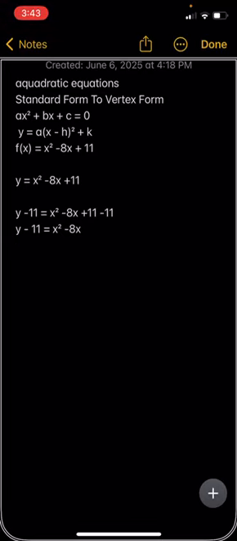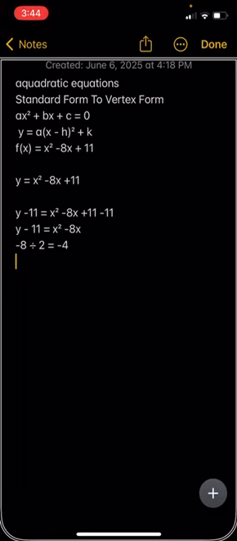From here, what we have to do is take half of the coefficient on the linear term and square it. The coefficient on the linear term in this case is negative 8. Half of that means we divide negative 8 by 2. Negative 8 divided by 2 is equal to negative 4. That is the quotient when we divide negative 8 by 2.